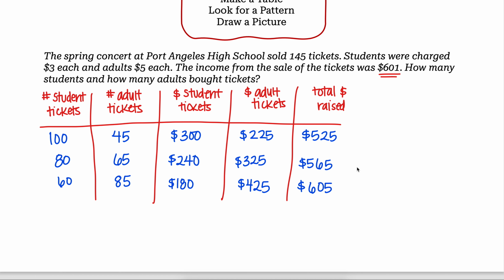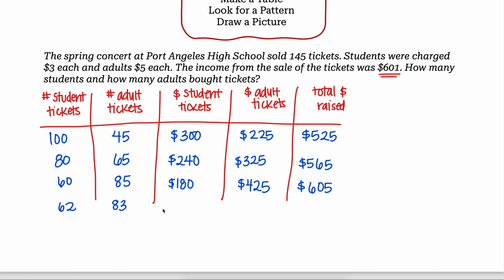So we are really close here to that goal of $601. We're actually a little bit too high now, so I need to ever so slightly adjust my numbers, but I'm really, really close. I just need this to go down by $4. To do that, we're going to bump the student tickets to 62. That leaves 83 for the adult tickets.